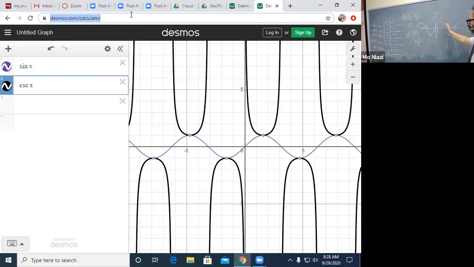Notice that we're going to have another vertical asymptote, and we can predict where it's going to happen. Class, I'm going to put the ball in your court. Where is this vertical asymptote, and why?